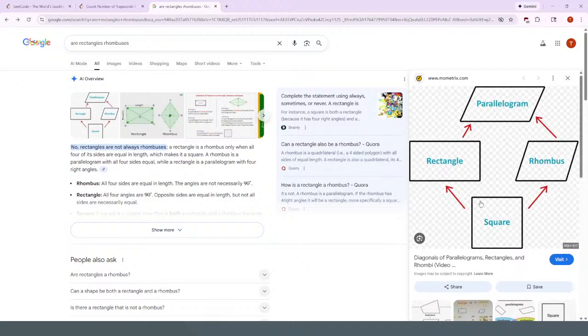Square has square angles as its corners. They also have parallel lines, and they have same side lengths. Opposite sides, same side lengths. Okay, rhombus just doesn't have the.